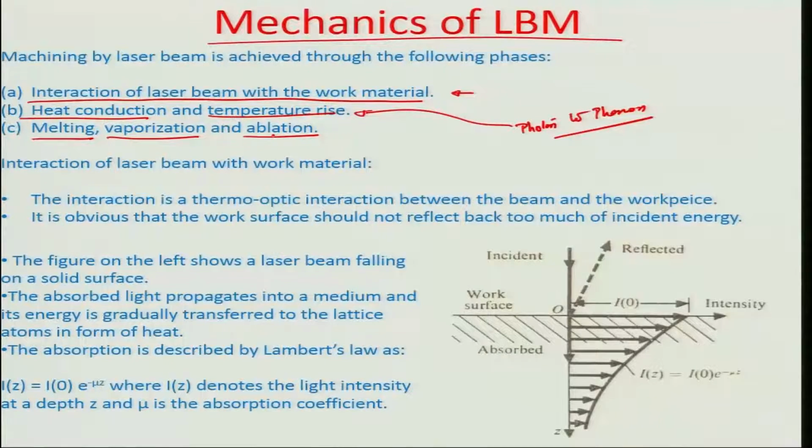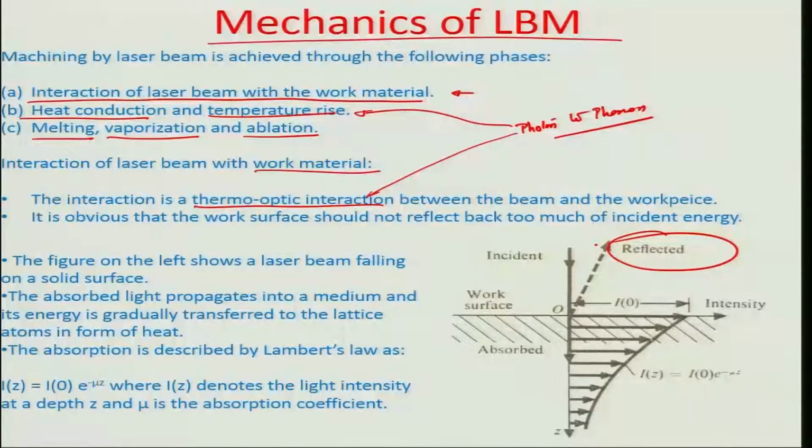So the interaction of the laser beam with the work material is really of the thermo-optic kind, as I told you, photon to phonon conversion. And obviously when we are talking about a beam of light, there is the question of reflection, and the surface should be designed so that there is not much reflectance of the laser light, because if this happens then we lose quite a bit of laser power.